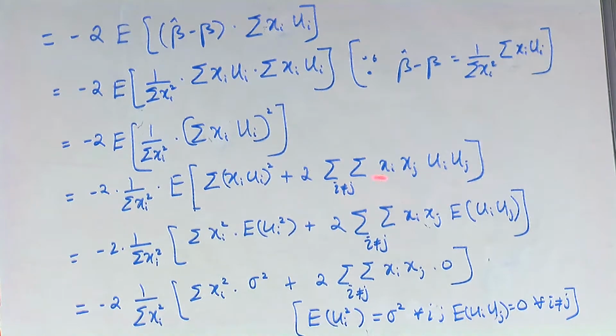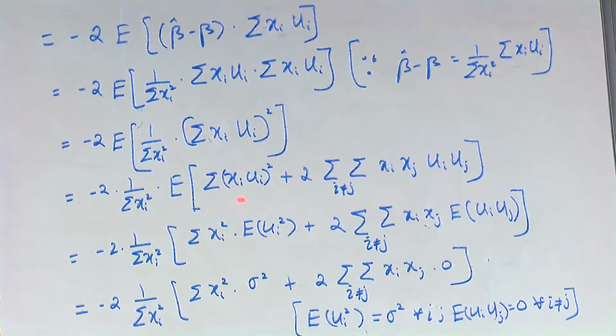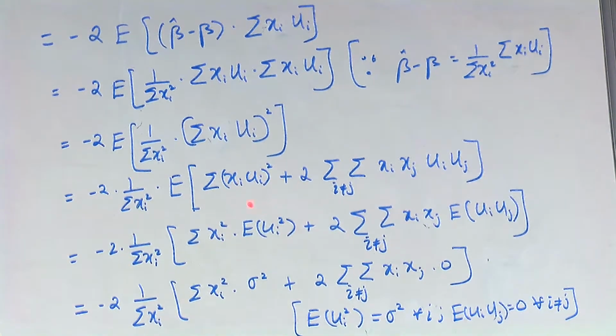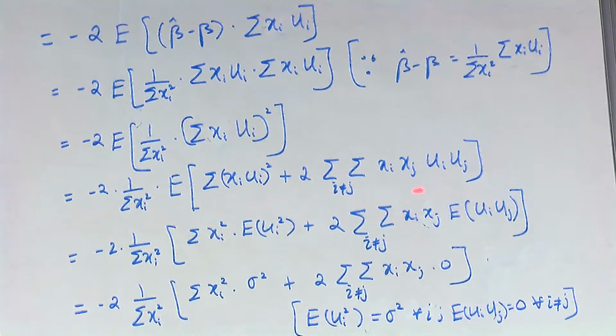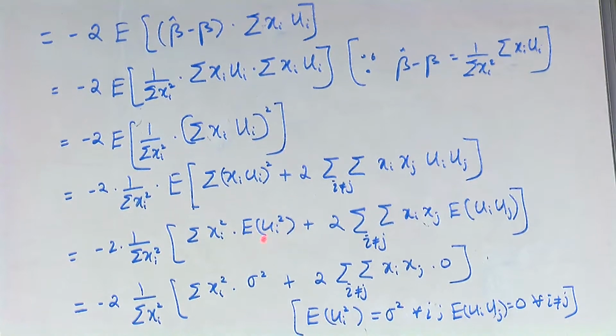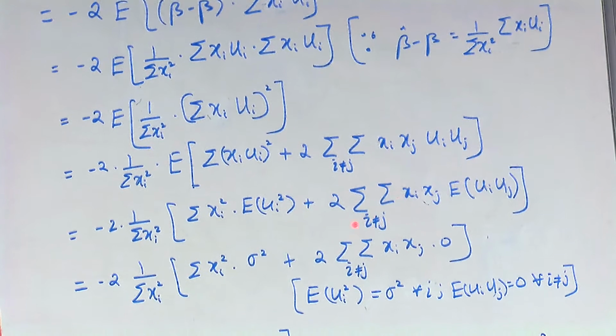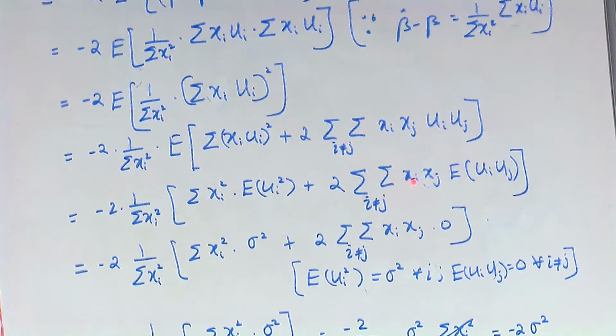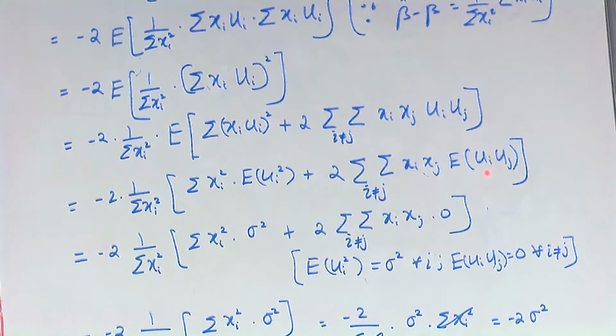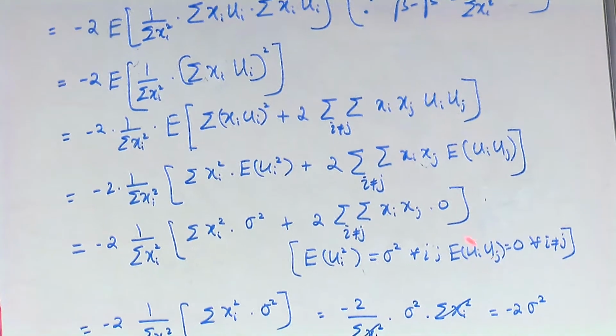This is the other term that comes with that expansion of the summation square. We are taking the expectation inside. We get sigma xi square into expectation of ui square plus 2 into double summation i not equal to j xi xj expectation of ui uj.